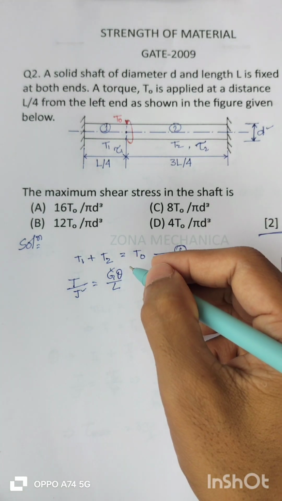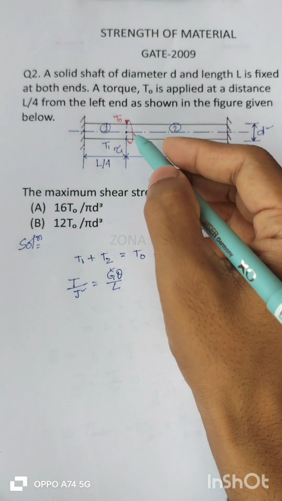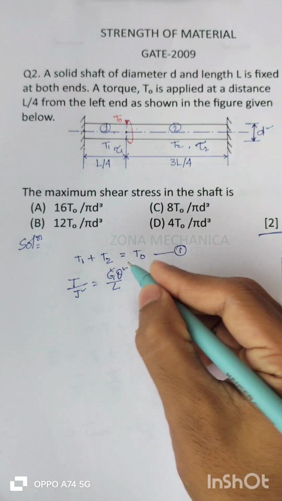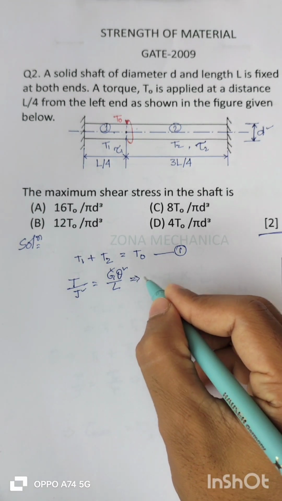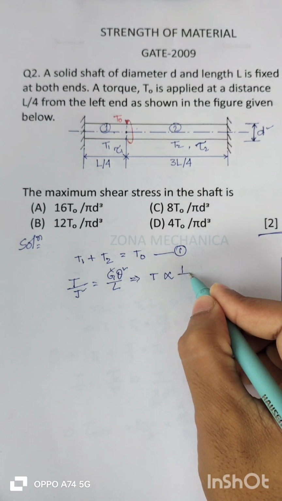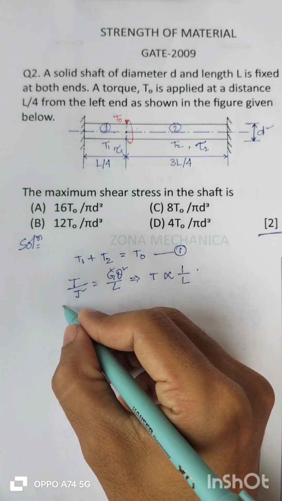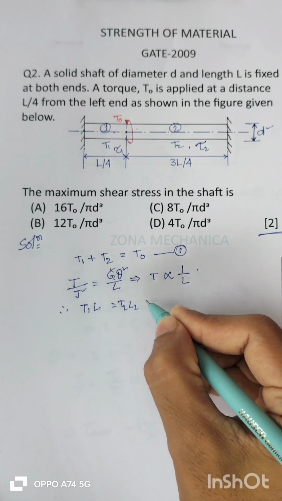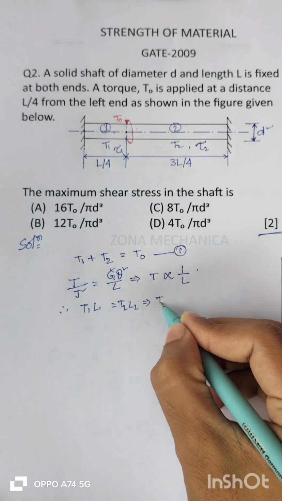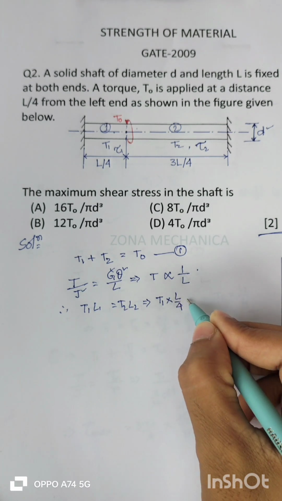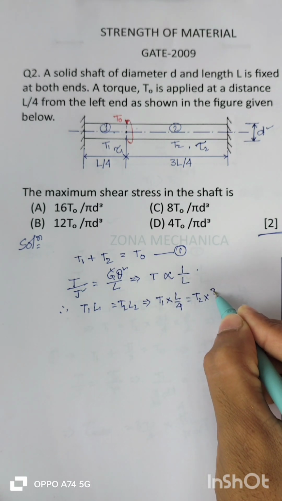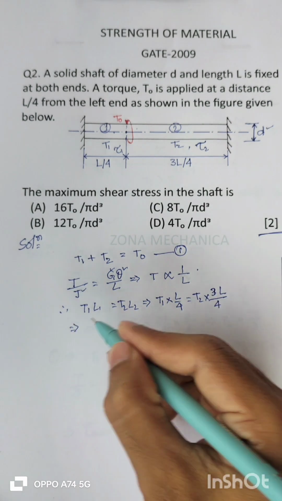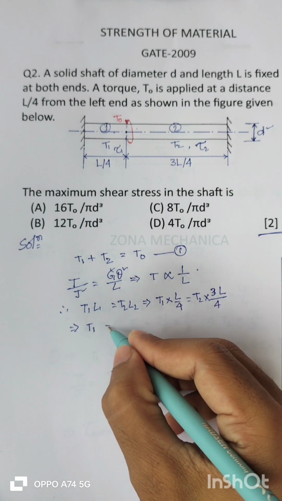And theta here is the same for both segments since it's a parallel connection. So from here we can say T is proportional to 1 by L. Therefore T1 L1 is equal to T2 L2, which implies T1 into L by 4 is equal to T2 into 3L by 4. So from here we can say that T1 is equal to 3T2.